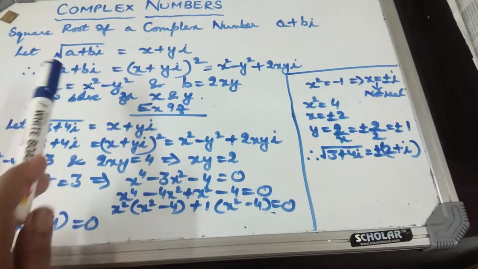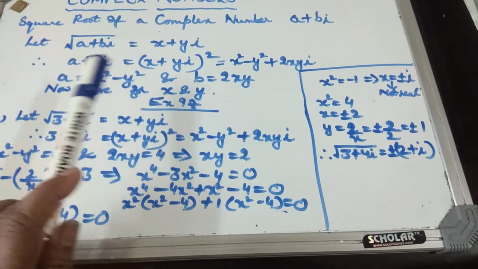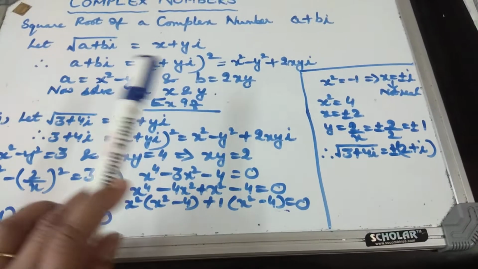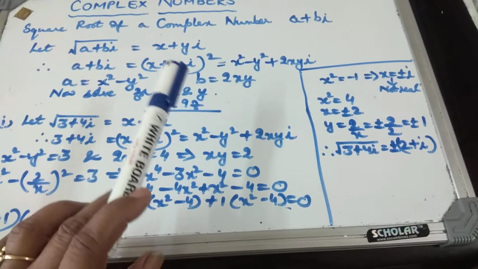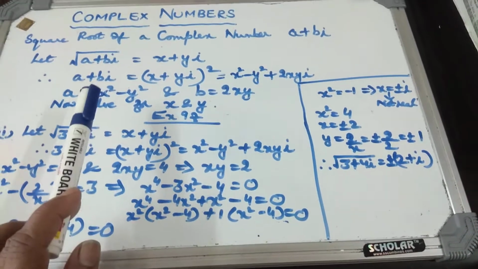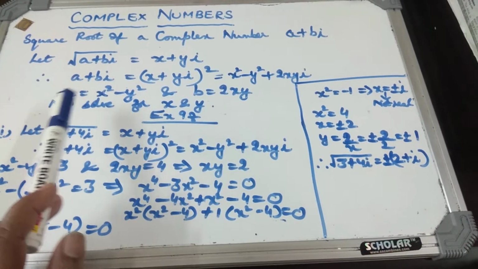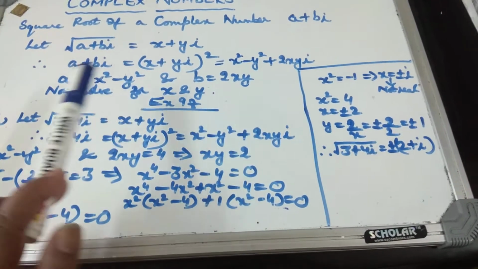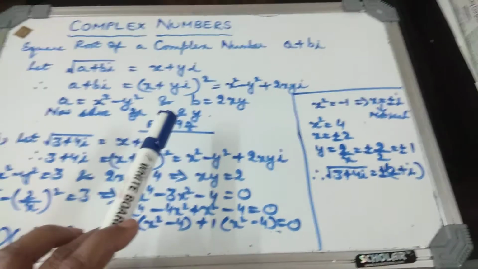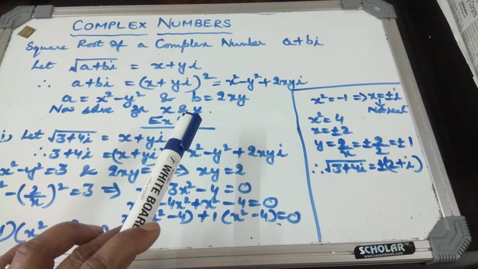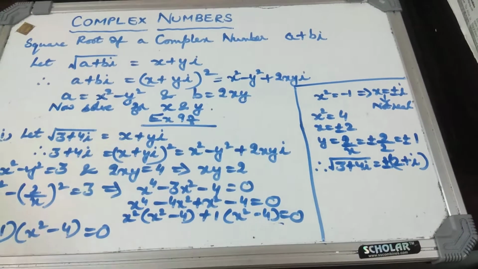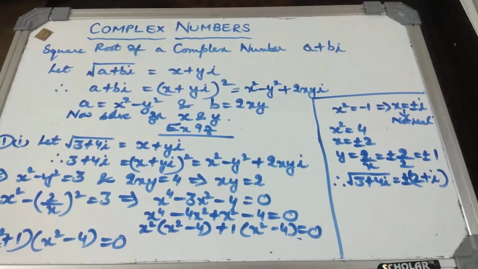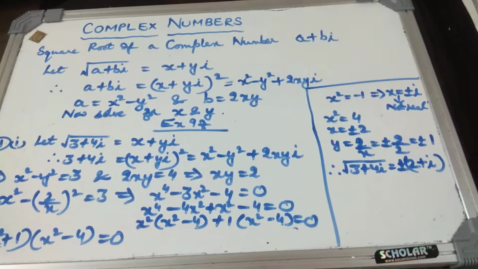To do that, you square both sides of the assumed equation, do the expansion, then equate real and imaginary parts separately and get two equations in x and y. Solve those two equations for x and y and put the values. That is how the complete procedure starts.